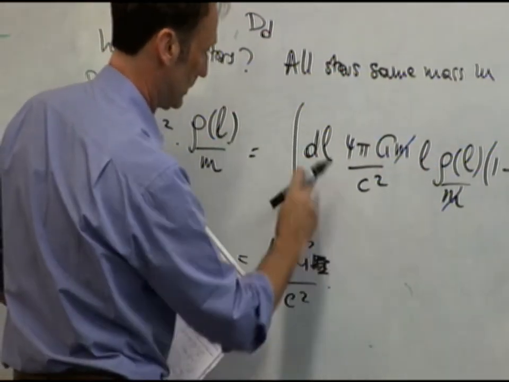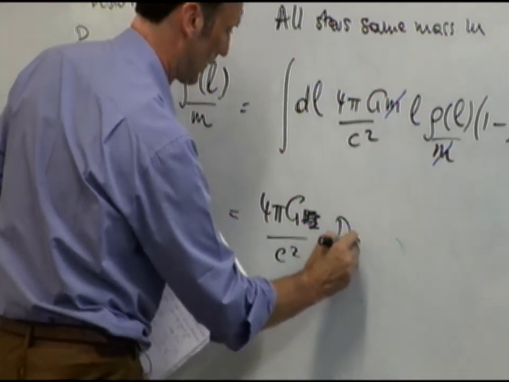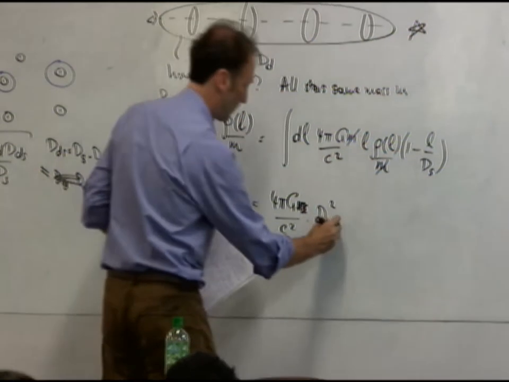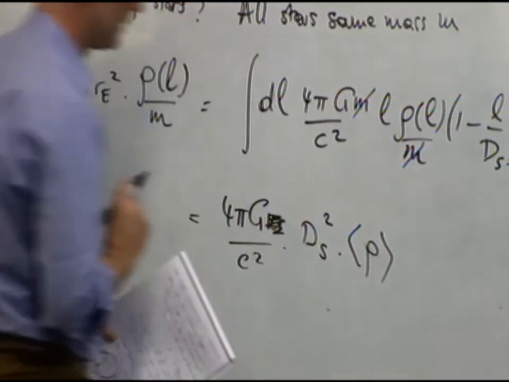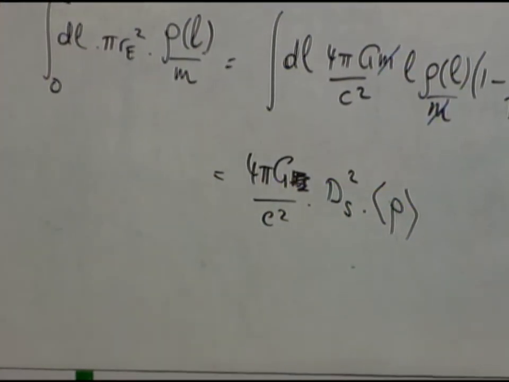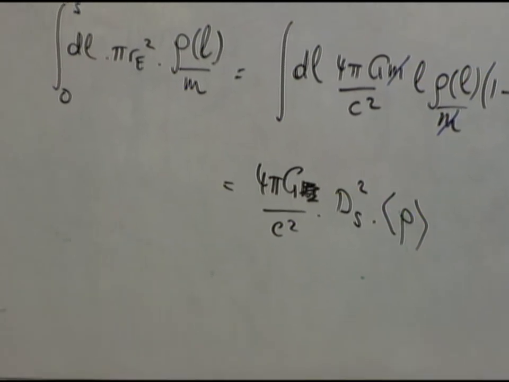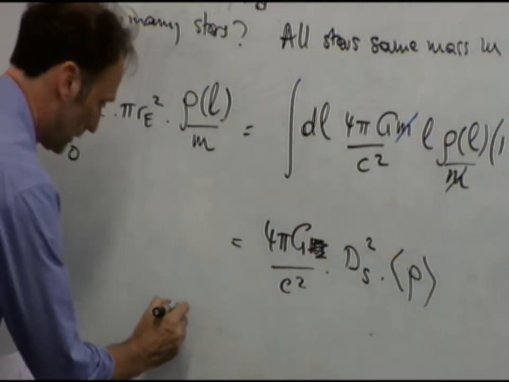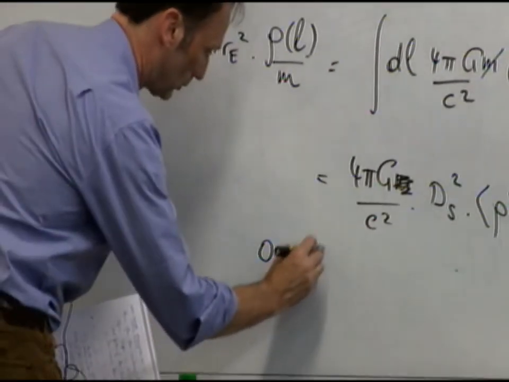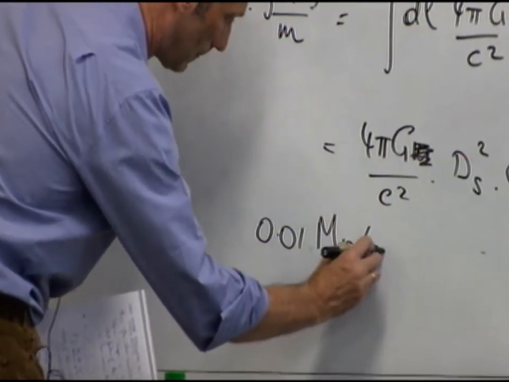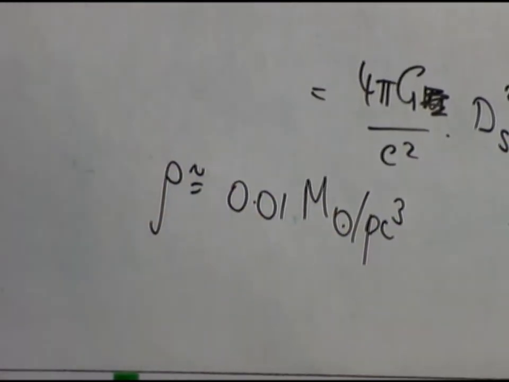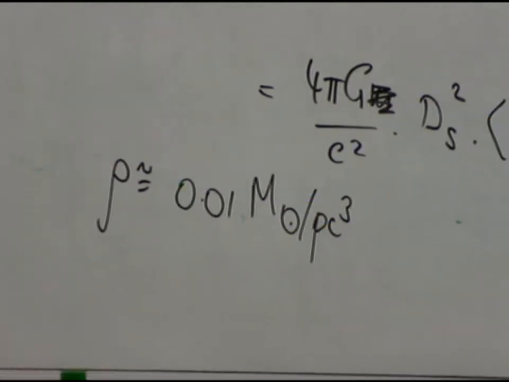But okay, we were estimating this integral, 4 pi G over c squared, the mass disappears, and then we have basically a length squared, so it's something like the distance to the source squared times sort of average value of the density along your line of sight. You can put in some typical numbers. In the galactic halo, you have something like 0.01 solar masses per cubic parsec in total matter.